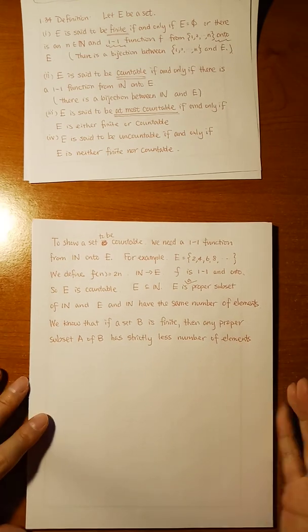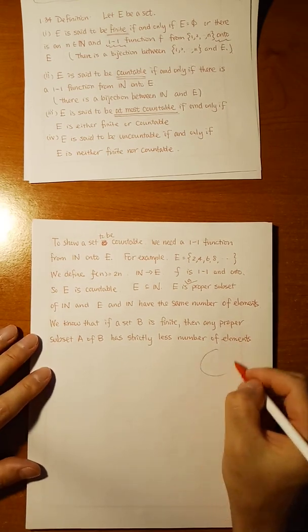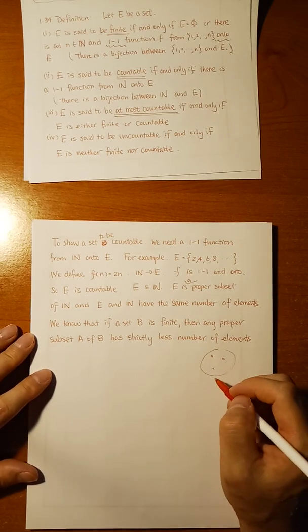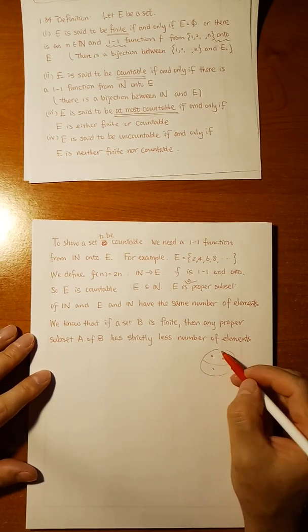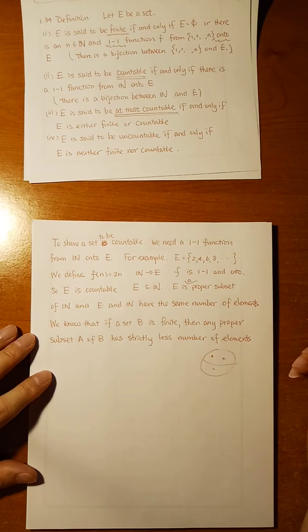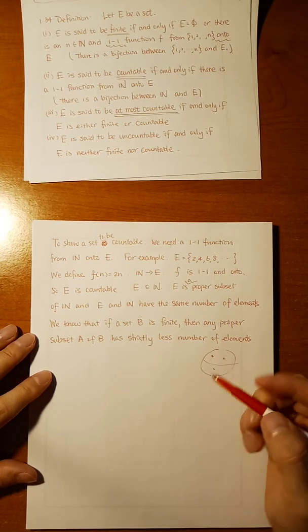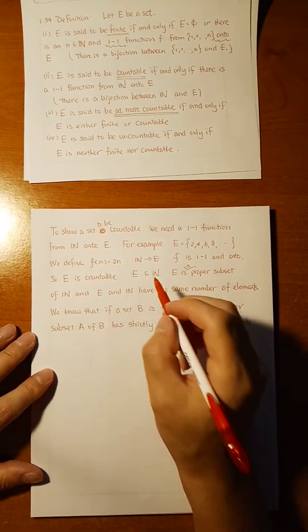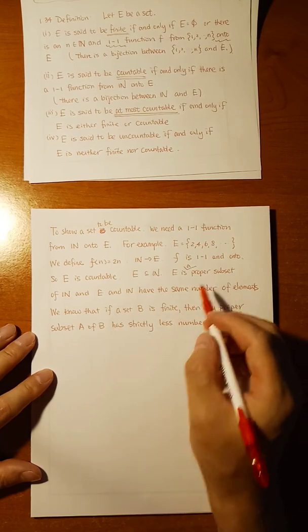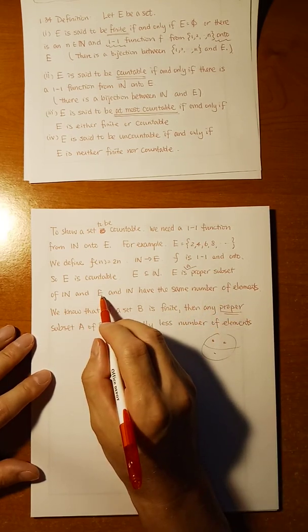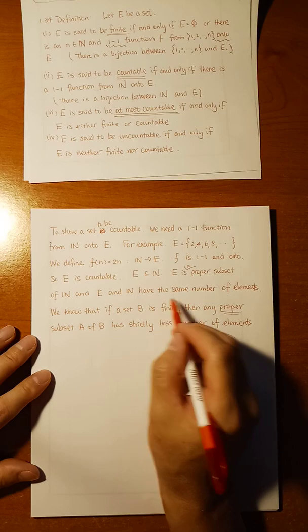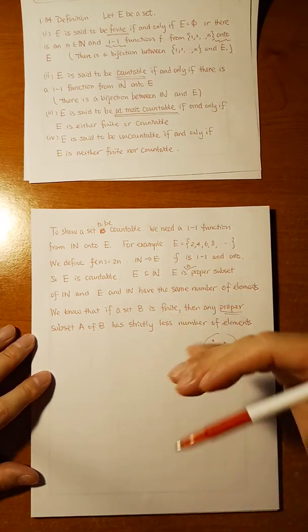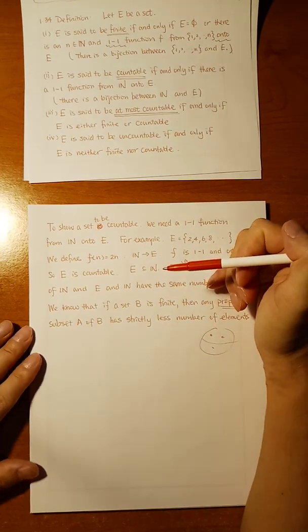If you have a set with 3 elements, then any proper subset will have fewer than 3 elements. It can have 2, it can have 1, it can have nothing. Proper means it's not equal to the original set. But for an infinite set, you can find a proper subset that has the same number of elements as the original set. This is the serious difference between a finite set and an infinite set.